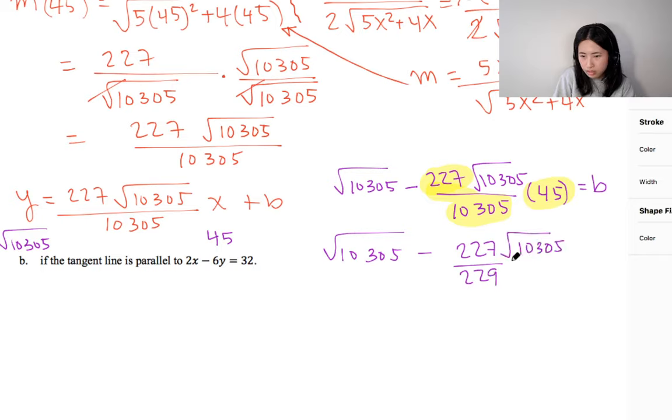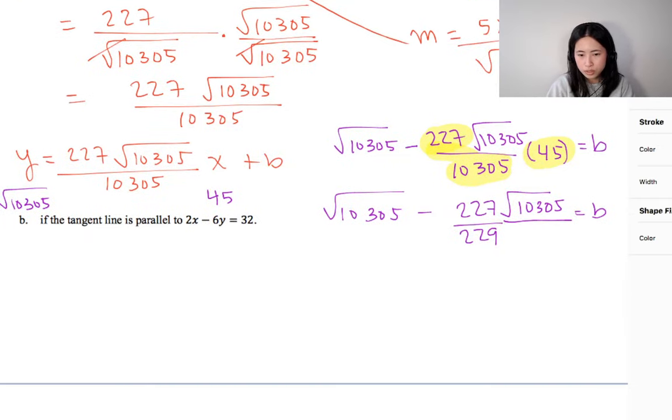Okay, so from there, we can actually combine our terms, right? So we can actually multiply square root of 10,305 times 229 and make sure it's just one fraction as opposed to two. So we're multiplying this, the butterfly method, right? So 229 times square root of 10,305, times your denominator, which is 1.